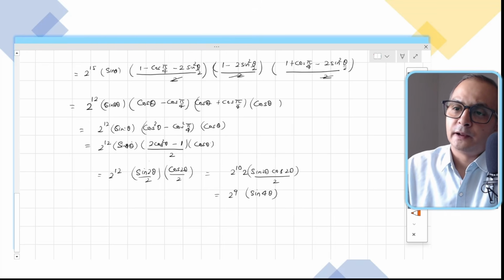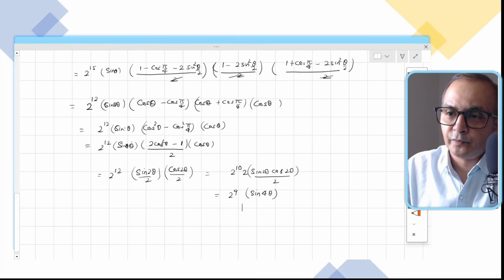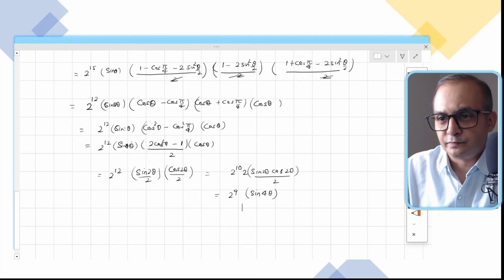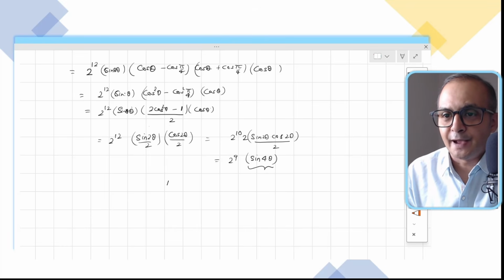Now, these all theta are positive quantities. So I can say this magnitude they can take r. This thing is maximum when this entire quantity will become 1. So the max value is going to be to the power 9, as our sine 4 theta is going to be 1.